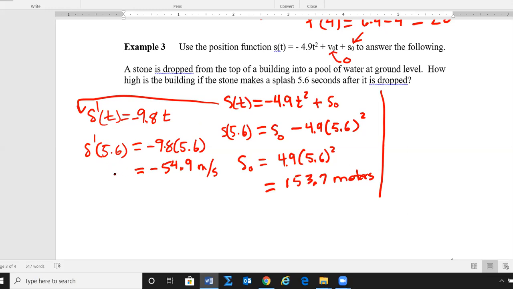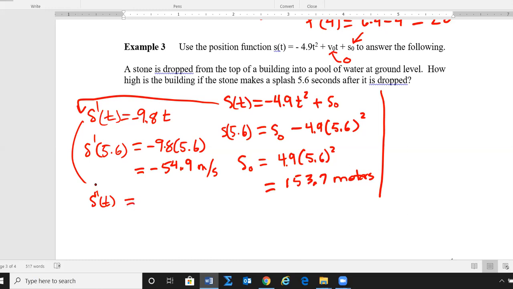You could also calculate the acceleration at that point. Acceleration is the rate of change of the velocity. So we would take another derivative of this one, which for now I'll call S double prime. We'll talk about that later a little more.